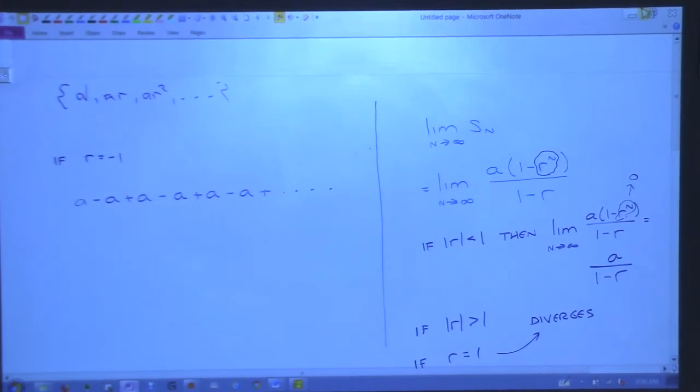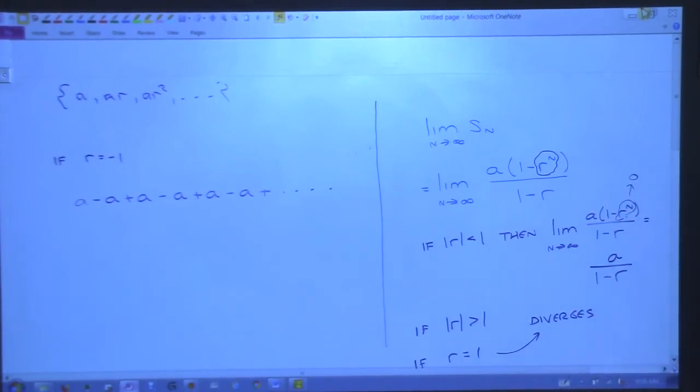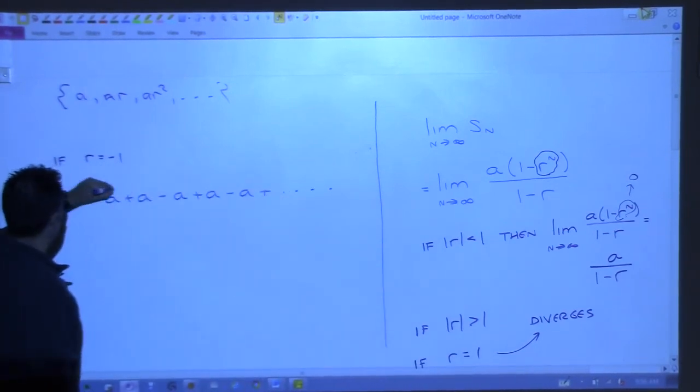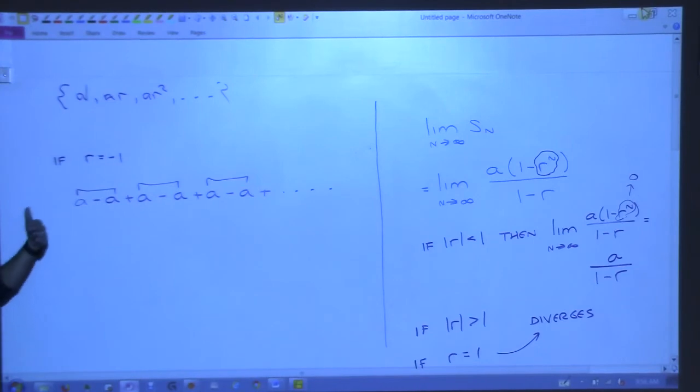You remember this one? What do you think that adds up to be? 0 seems the most logical, right? Or a. Why? If you group them like this, that's 0, that's 0, that's 0, so it's just like 0, 0, 0.